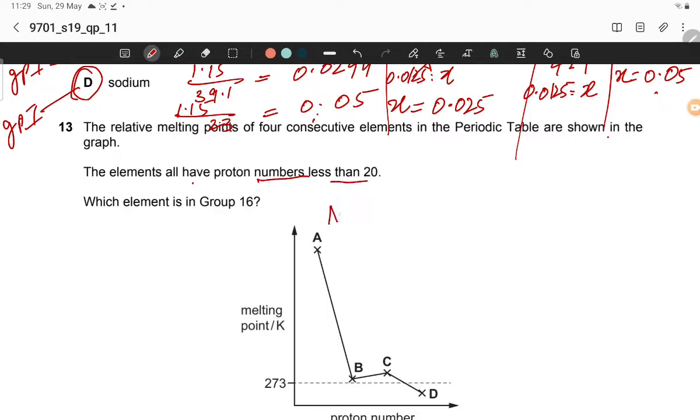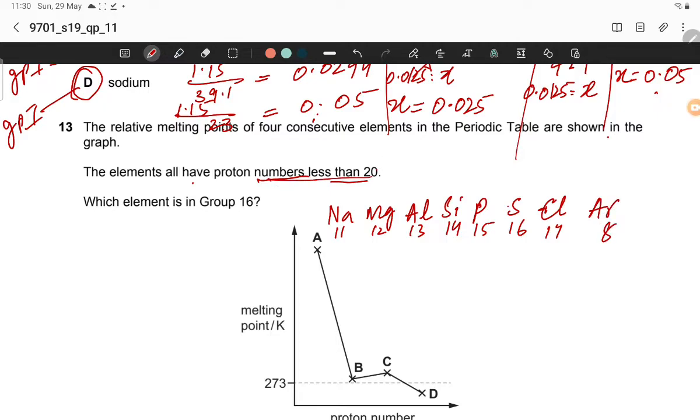Period 3: sodium, magnesium, aluminium, silicon, phosphorus, sulfur and argon. 11, 12, 13, 14, 15, 16, chlorine 17, argon 18. So this is less than 20.